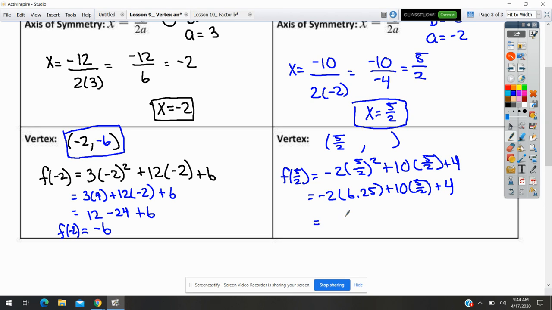And I'm going to put this whole thing in my calculator. This way it just makes it easier with the parentheses as you see it. And if you don't have a calculator, you can Google one. So that would be 16.5. So that would be the y value of our vertex.